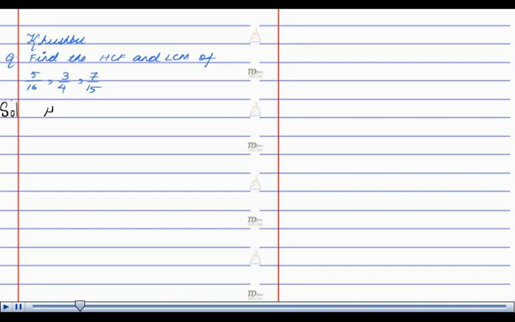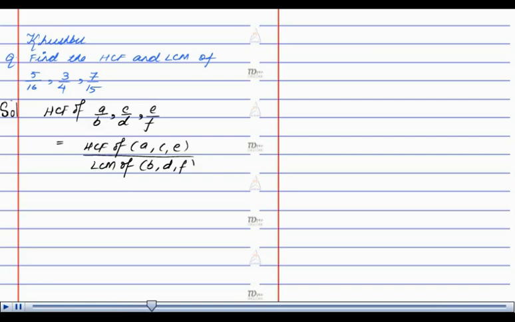We know that the HCF of fractions like A by B, C by D and E by F is the HCF of A, C and E divided by the LCM of B, D and F, and similarly the LCM of A by B, C by D and E by F is the LCM of A, C and E divided by the HCF of B, D and F.